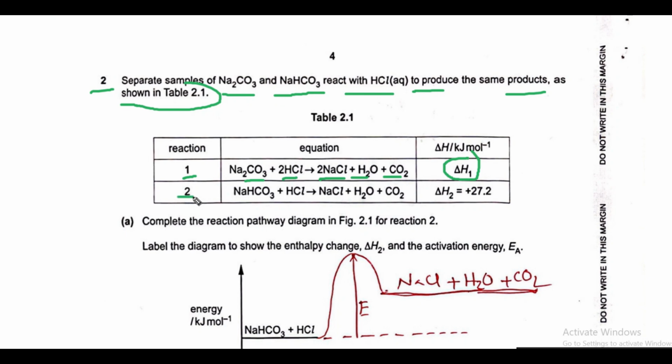Reaction 2: sodium hydrogen carbonate reacts with hydrochloric acid to produce the same products, sodium chloride, water, carbon dioxide. Del H2, change in enthalpy, is plus 27.2 kilojoule per mole.